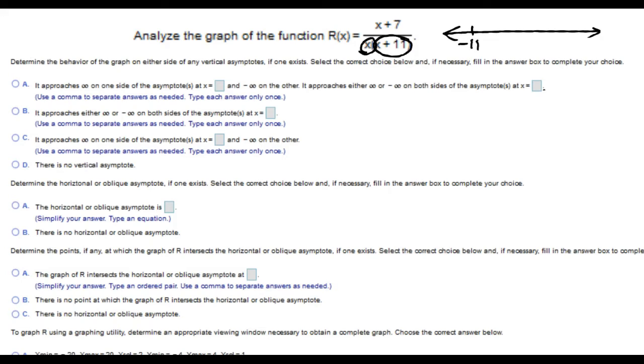So that's -11, -7, and 0. And we want to figure out what's happening around our vertical asymptote at -11.